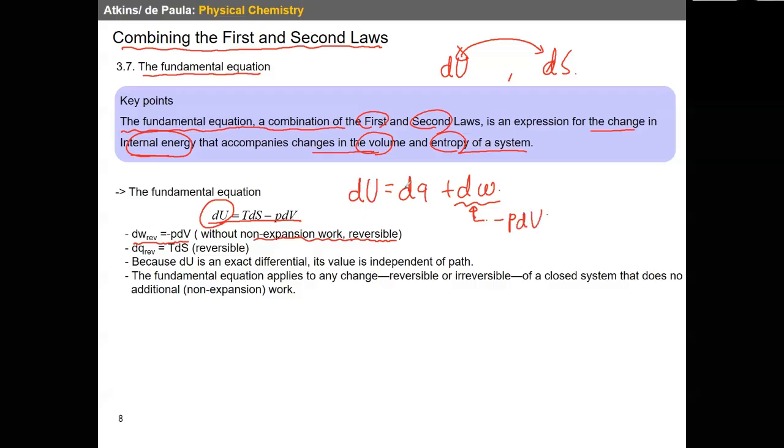Also, for reversible changes, we have dq equals T dS, which we also learned in our previous chapters.